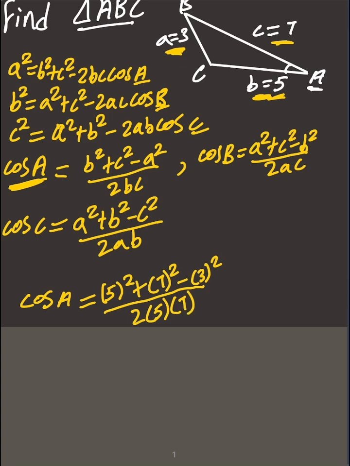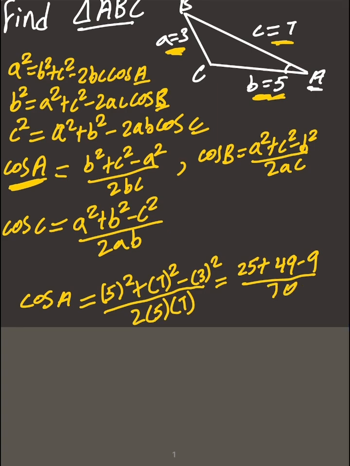So we can simplify this. 5 squared is 25, plus 7 squared is 49, minus 9, since 3 squared is 9. At the bottom, 2 times 5 is 10, times 7 is 70.